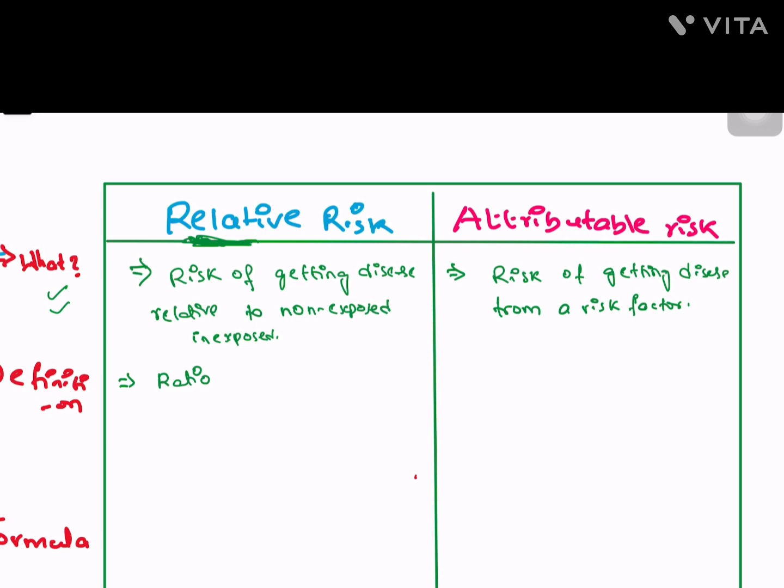Relative risk is the ratio of the incidence of disease or death among the exposed and the incidence of disease or death among the non-exposed.